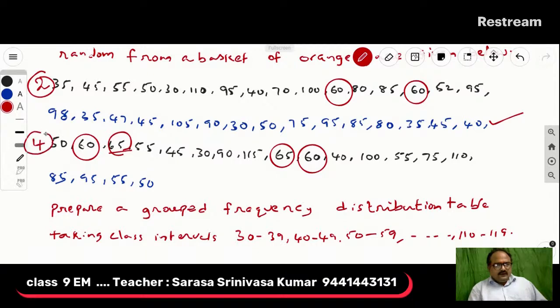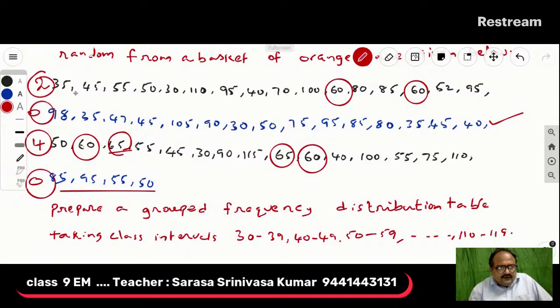So four oranges are there. Next, in the last column, no oranges, that is 0. In the second row also 0 oranges.